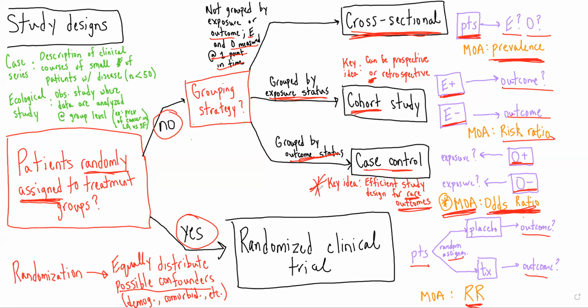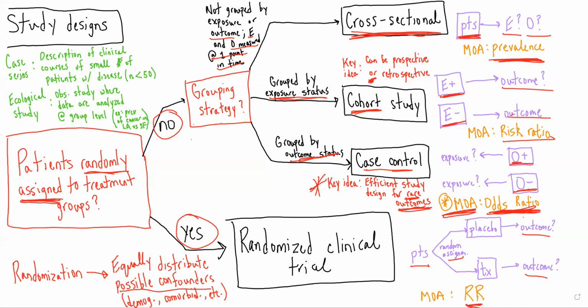But if we were trying to determine that through a cohort study, we would need to look at data on millions and millions of patients, and it's very inefficient. But when we do a case control study where we're taking patients with the outcome, patients without the outcome, and then looking at exposure status, it'll be much more efficient because we're already saturating our sample with patients with this rare outcome. So that's another important thing to keep in mind.